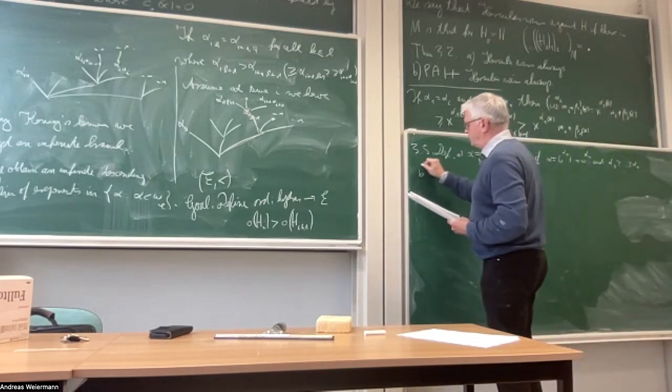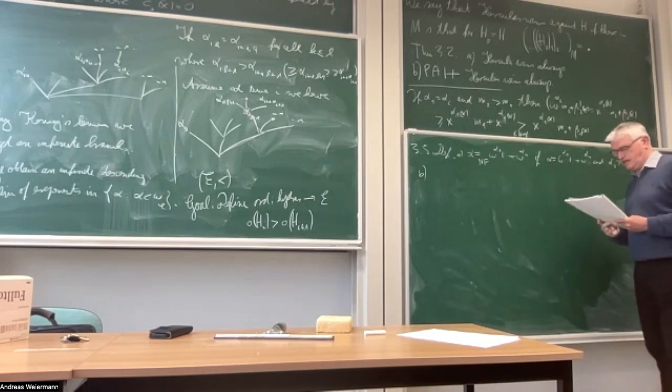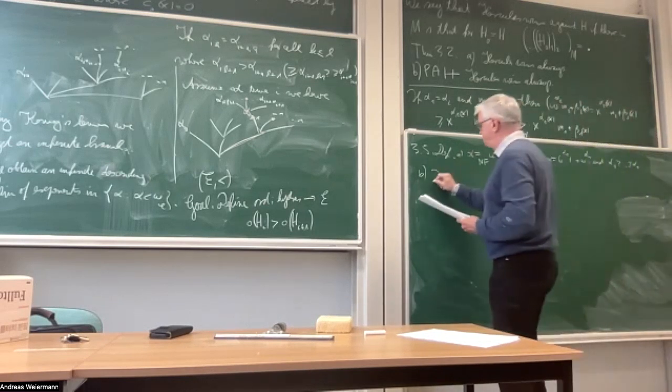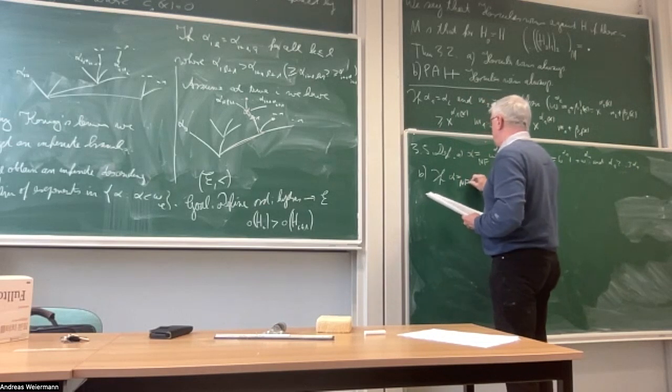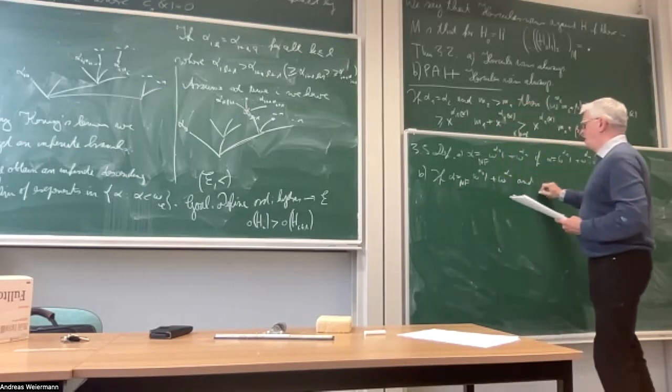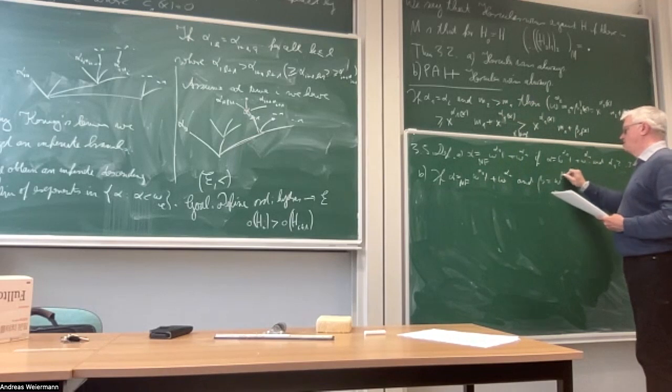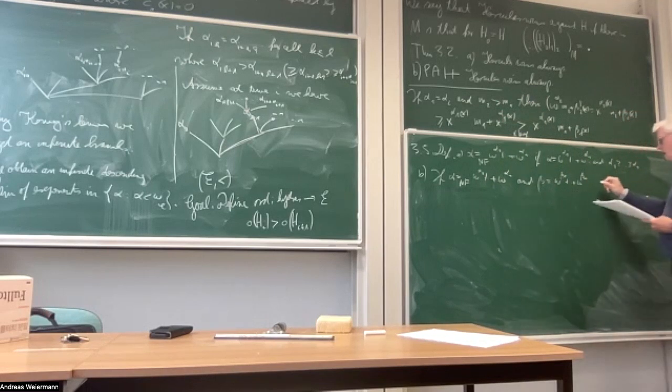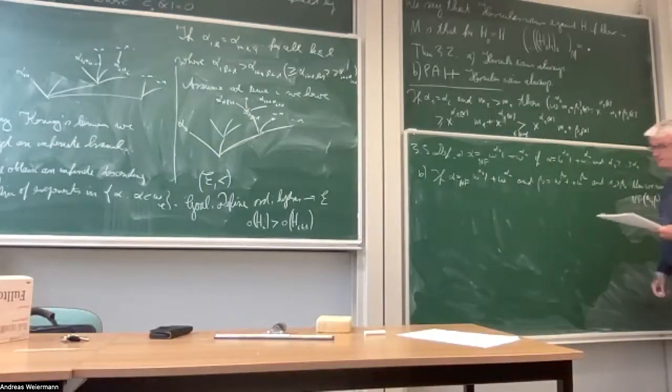And I say two elements in E are in normal form: if alpha is omega to the alpha 1 plus ... plus omega to the alpha n, and beta is of the form omega to the beta 1 plus ... plus omega to the beta m, and alpha n is at least as big as beta 1, then we write normal form applies to alpha and beta.